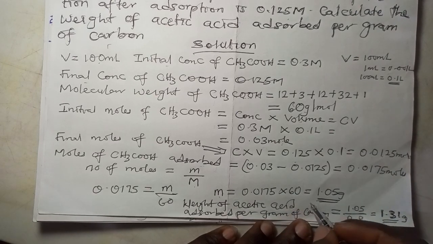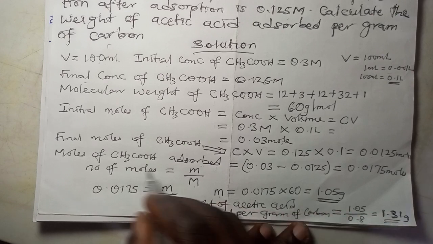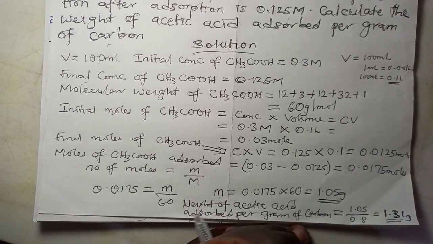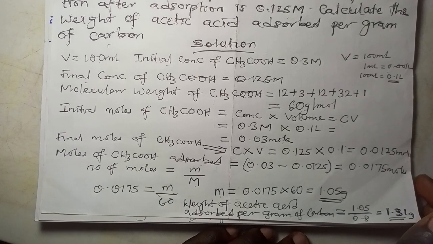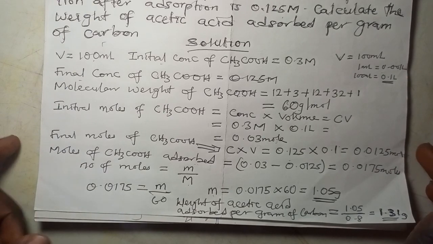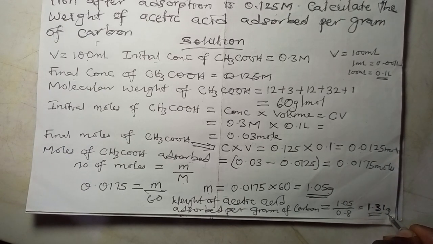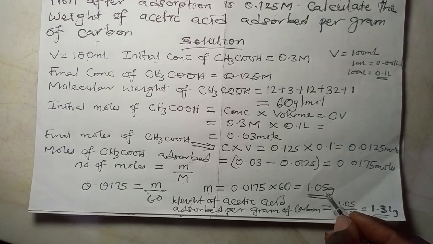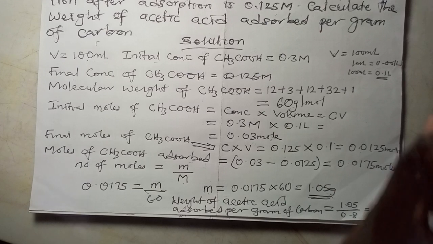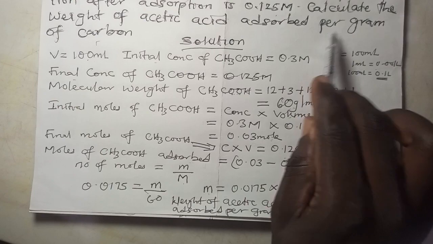Okay, this is our final answer. This is the weight of acetic acid adsorbed, but the weight of acetic acid adsorbed per gram of carbon gives you this answer. So please, this is the right answer, so that you will not be confused. The right answer is 1.31 gram. This is also correct, it is just telling you that this is the weight of acetic acid adsorbed, but for us to get the actual answer based on the question given, they say per gram of carbon.